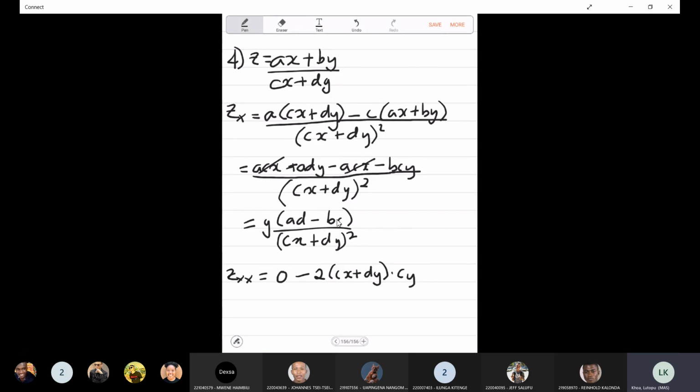So this is Y(AD minus BC) over the denominator squared. Squared means to the power of 4. Then you would have to multiply out your brackets. Let me just see, minus 2CY(AD). Okay, that's fine.